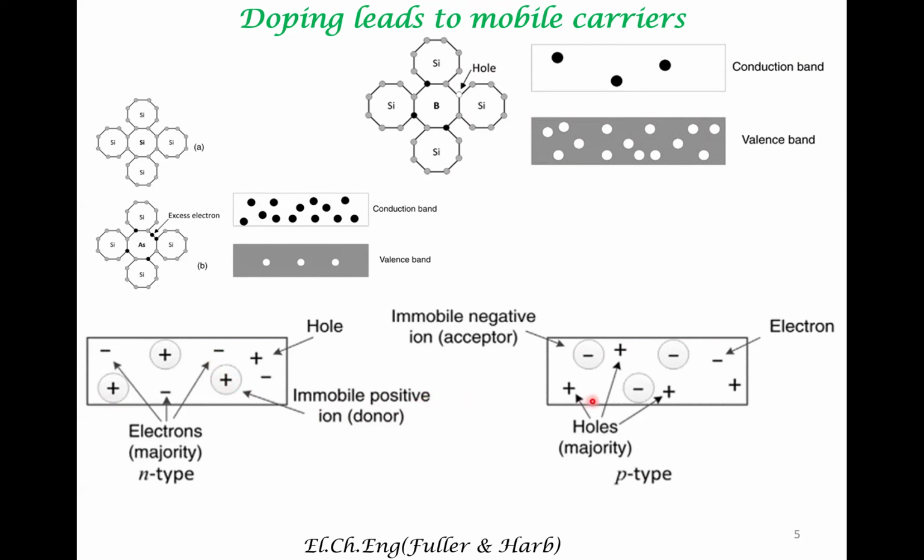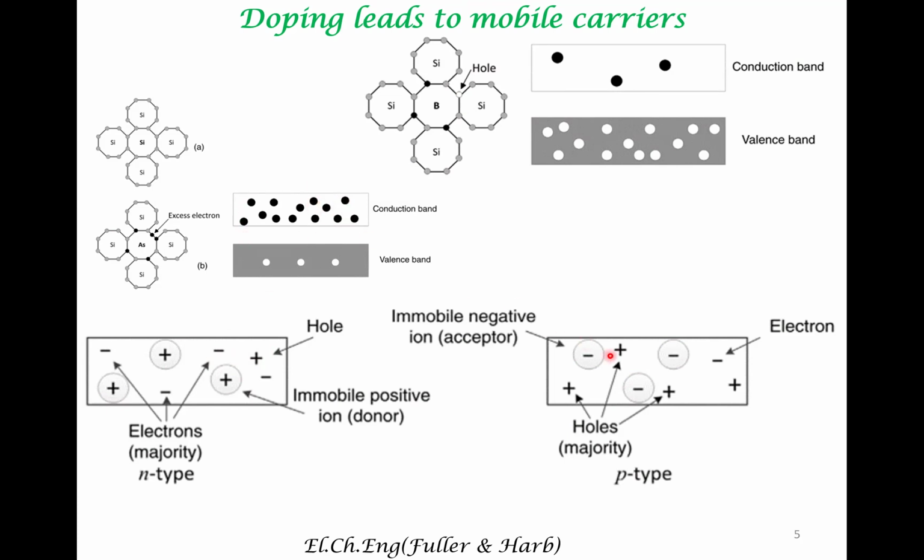Likewise, in a P-type semiconductor, because the acceptor dopant has accepted an electron from the silicon lattice, it has become negatively charged, and it is immobile. What is contributing to conduction are free mobile carriers. The free mobile carriers are electrons in an N-type semiconductor that are present in the conduction band.